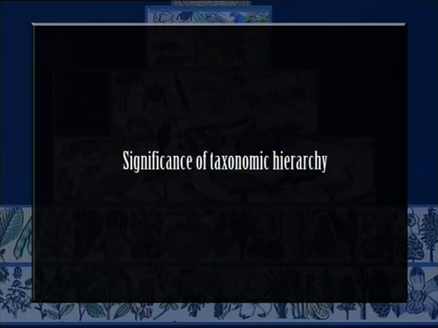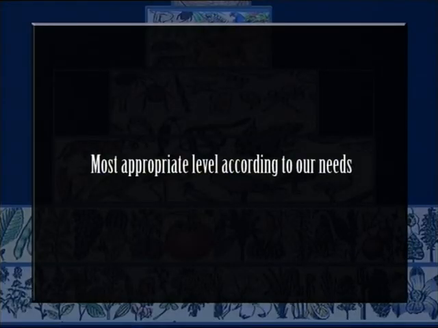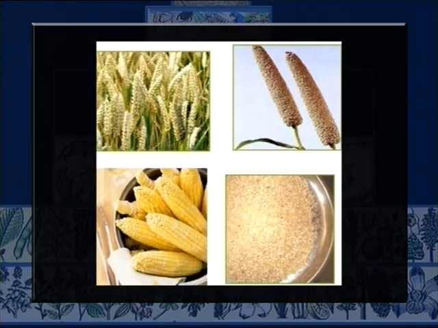Now, we will see about the significance of the taxonomic hierarchy or the hierarchical system. The significance of such a system is clearly apparent. We may discuss groups of plants at the most appropriate level according to our needs. An agronomist may discuss cereals.